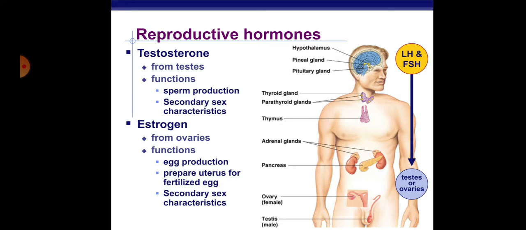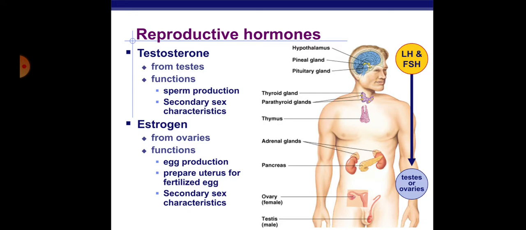The major function of testosterone is sperm production and development of secondary sexual characteristics at puberty in males. Testosterone is secreted from the testes.